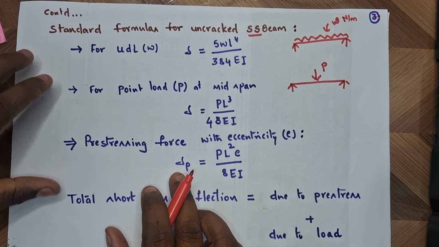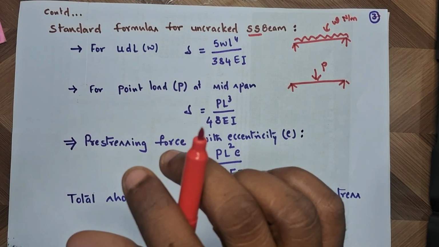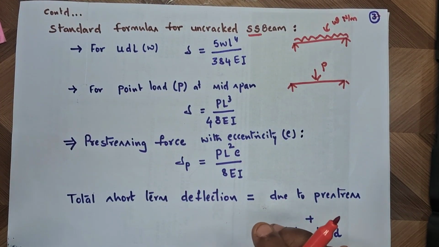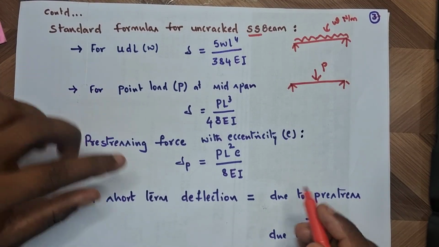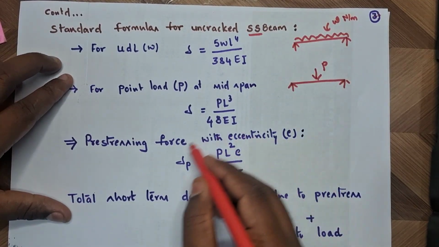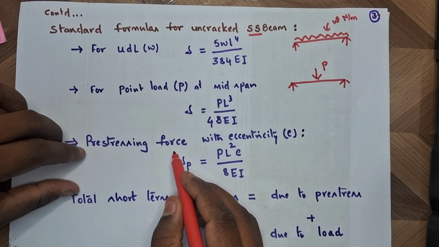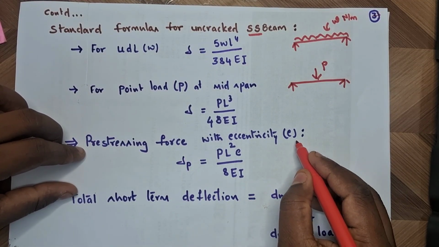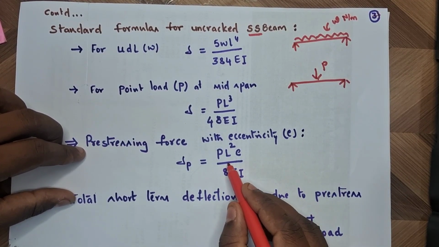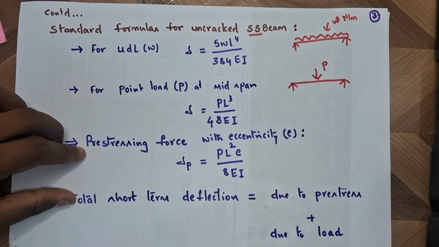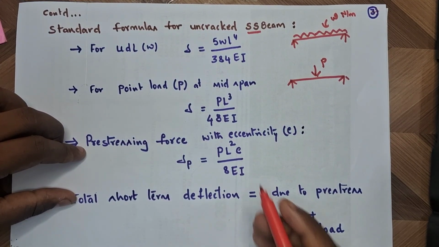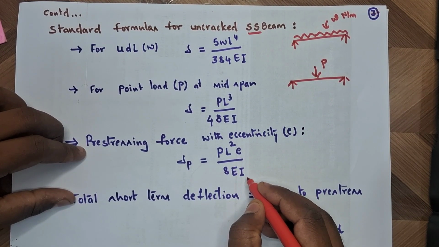This prestressing force induces positive camber, means positive deflection. The formula for the deflection caused due to prestressing force with an eccentricity e is PL square e by 8EI.